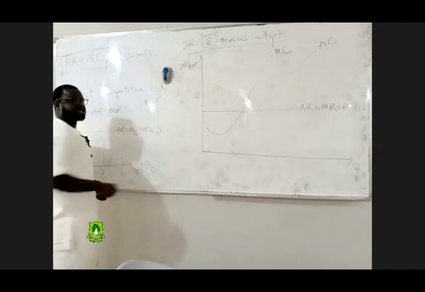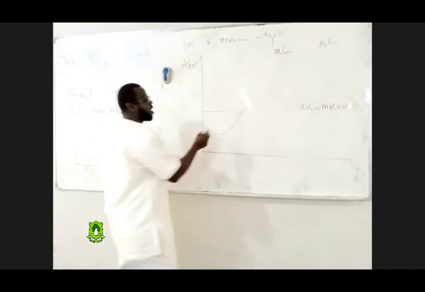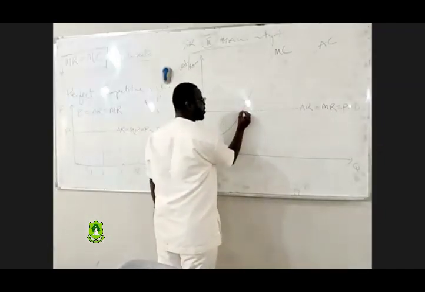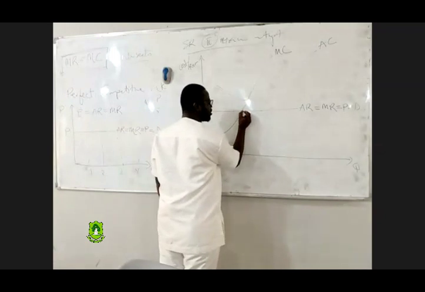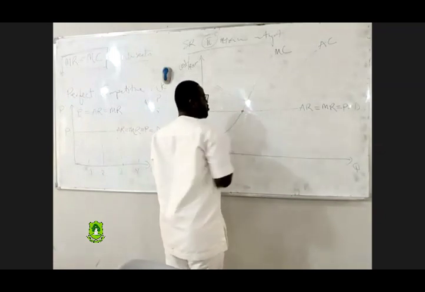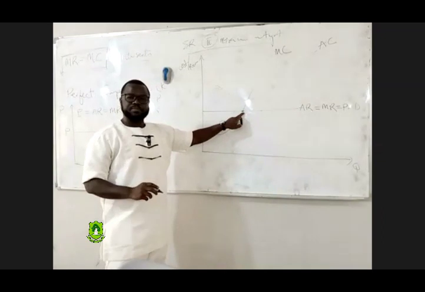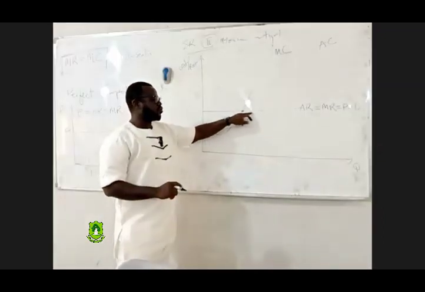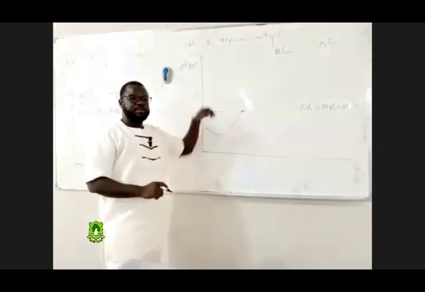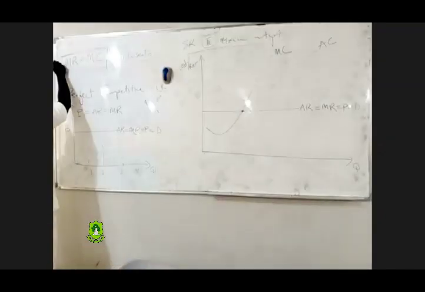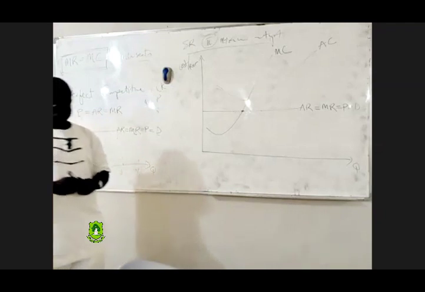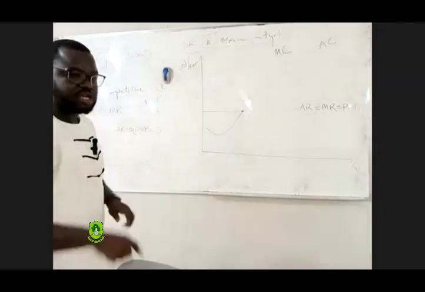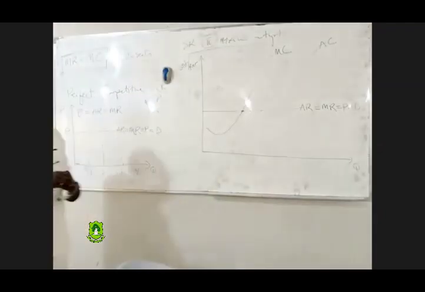Their point of intersection. So where are they meeting? It's here. This is the first step: always look out for where the marginal revenue meets with the marginal cost.